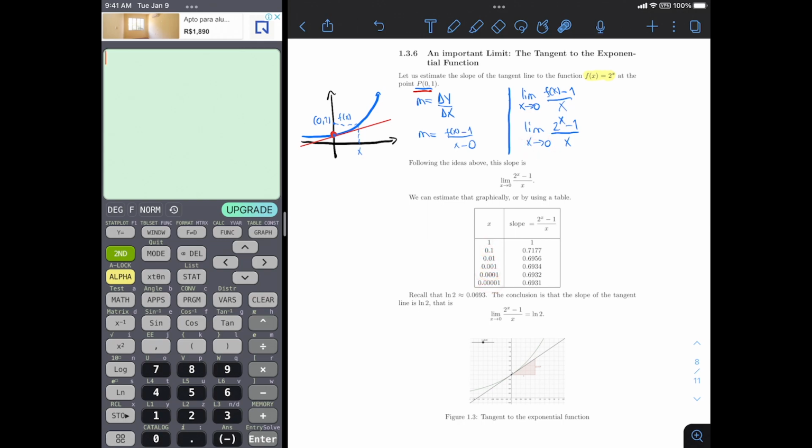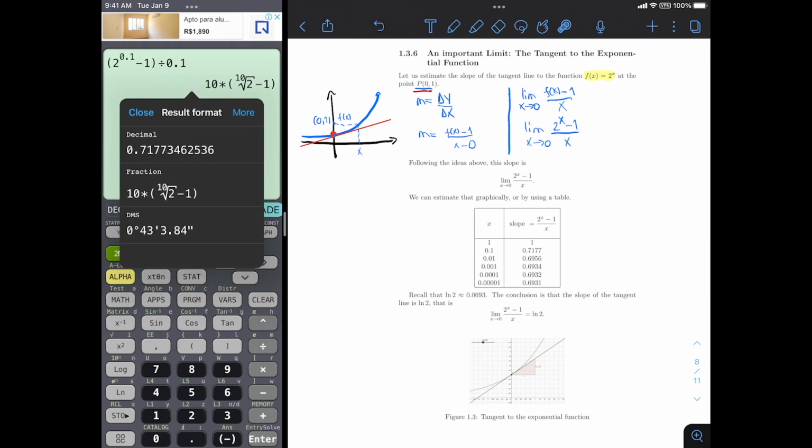As an example, the first value is 0.1. To get that 0.7177, you see my calculator on the left. I do open parentheses, 2 to the x power, so that would be 0.1, so there's the exponent, minus 1, close parentheses, and that's divided by 0.1, which is x. So this is me plugging in x equals 0.1.